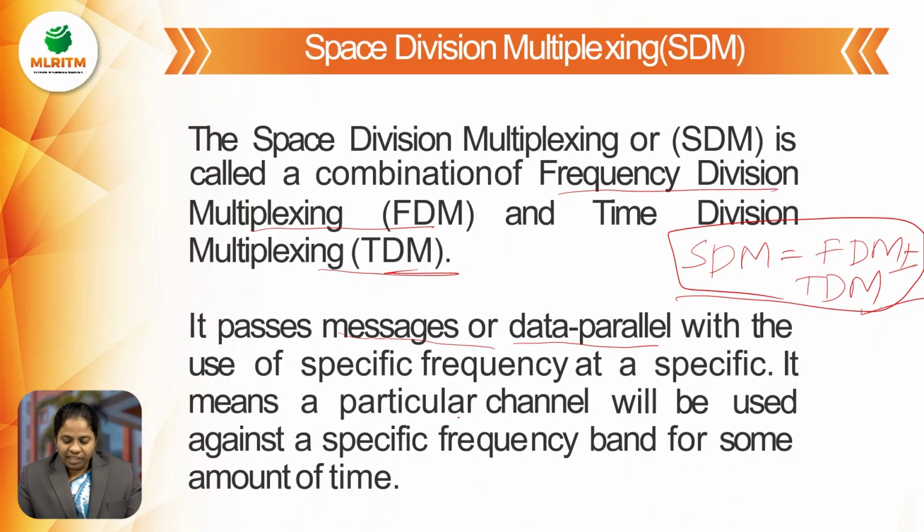It means a particular channel will be used against a specific frequency band for some amount of time. Here, the space division is done based on frequency. For a particular frequency in that channel, based on the time, we can allocate the division in SDM.